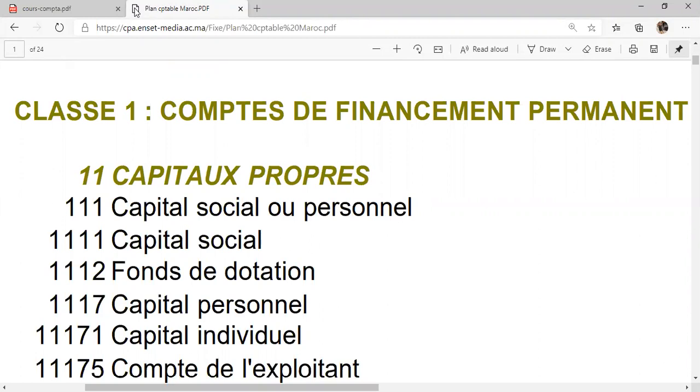But ENCG takes it that you should be able to memorize this book because you're going to use it throughout your studies. Not all of them per se, but they'll simplify them for you. They'll just tell you the first three figures and the compte we're looking for is capital social. You have to memorize which one is the compte, the mass, the rubrique, la poste, tout ça.